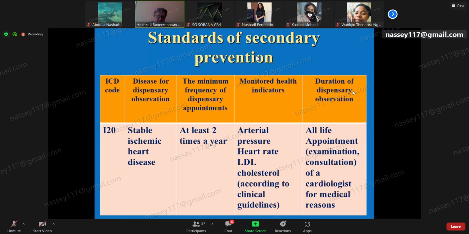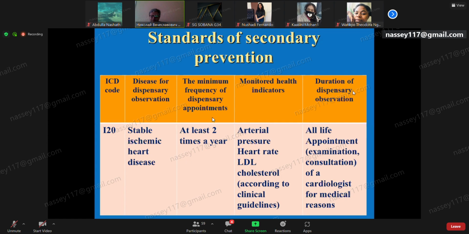On the next slides, I will show you examples of standards for secondary prevention organization according to different diseases. For example, stable ischemic heart disease, I-1220, the International Classification of Diseases code.